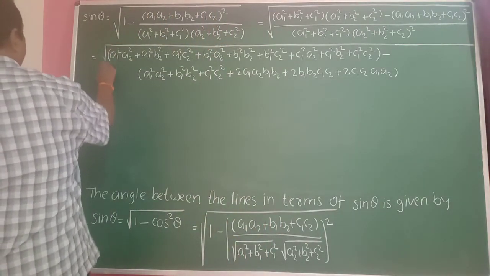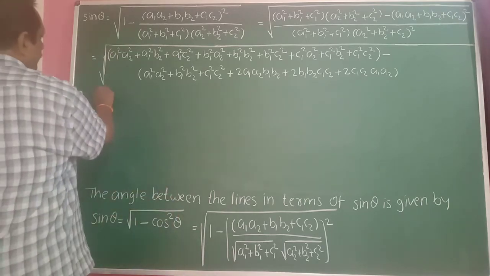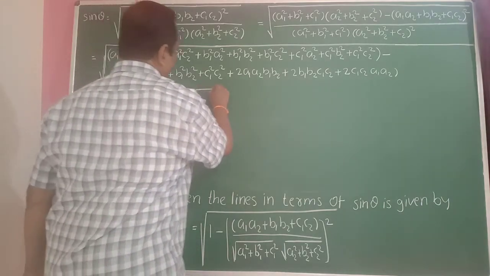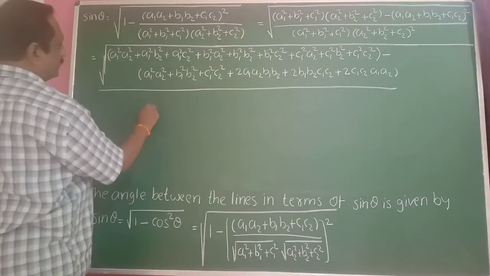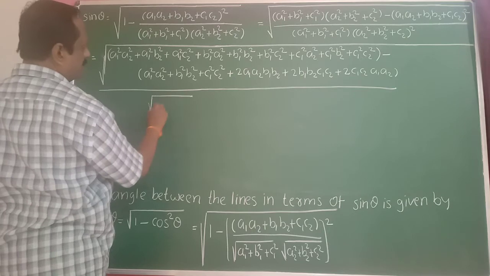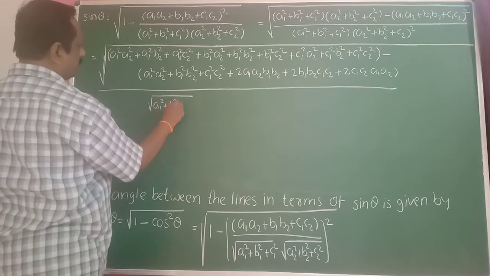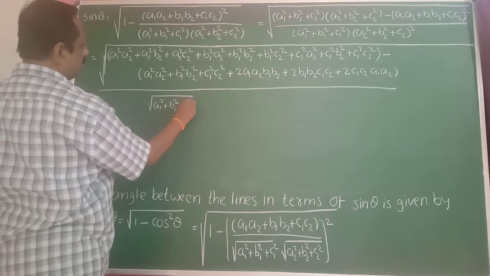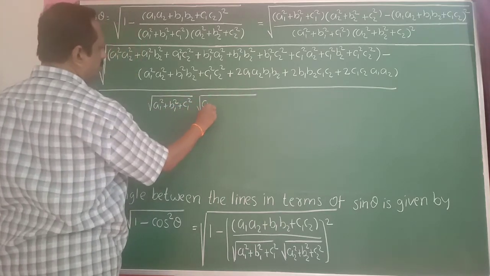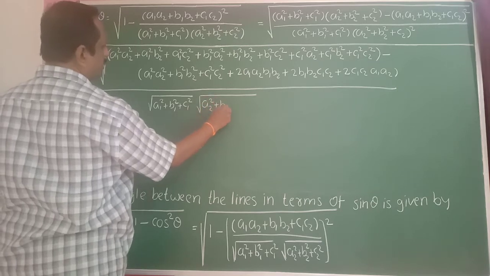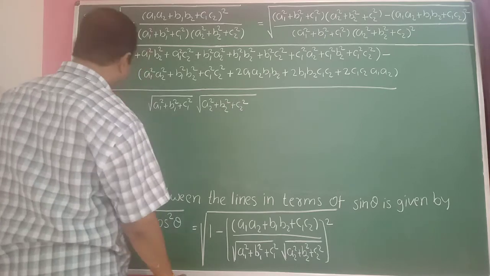The square root of, and divided by these two terms here, root of a1 square plus b1 square plus c1 square, then root of a2 square plus b2 square plus c2 square.